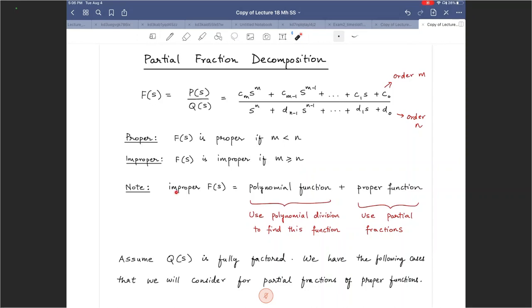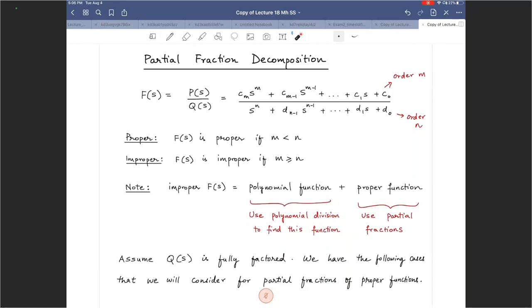Now we know that we can convert an improper F of s into some function of s plus some proper fraction. We can do that, but we would need to use polynomial division to find this polynomial function first, which I'm not going to deal with over here.